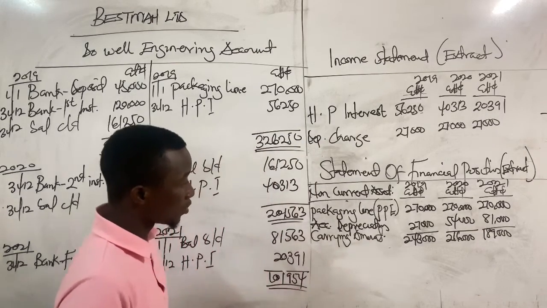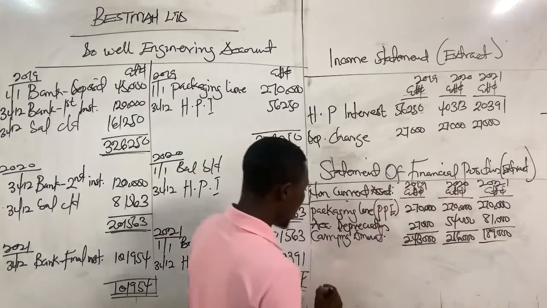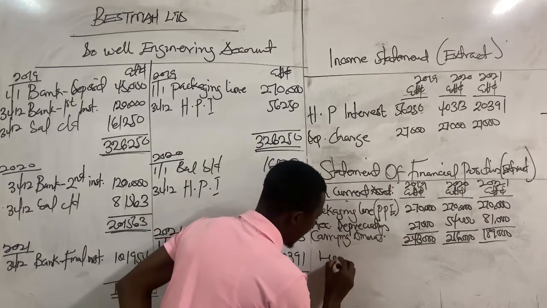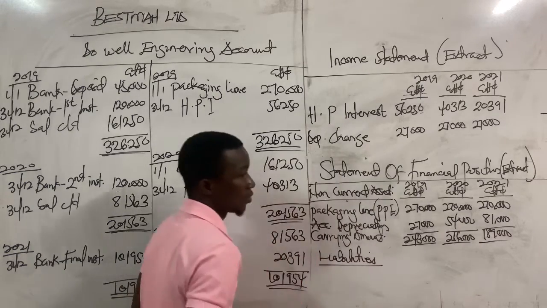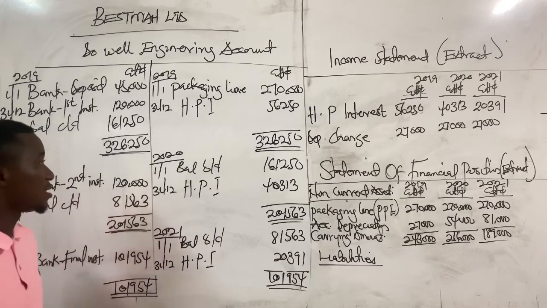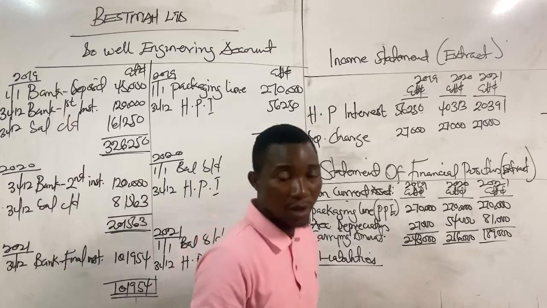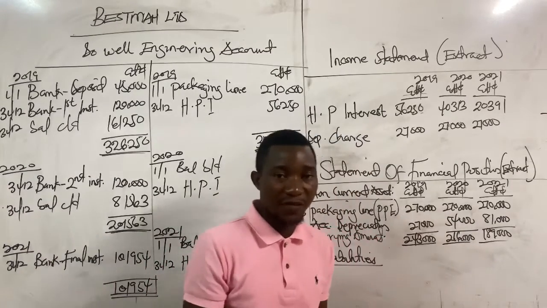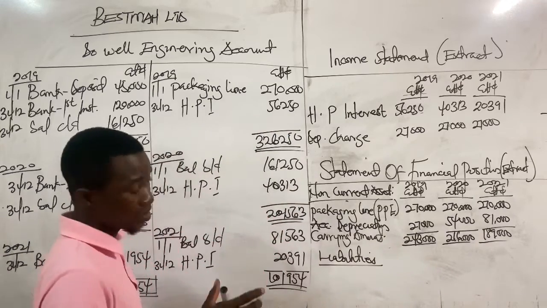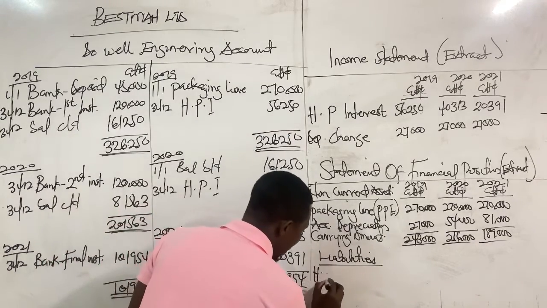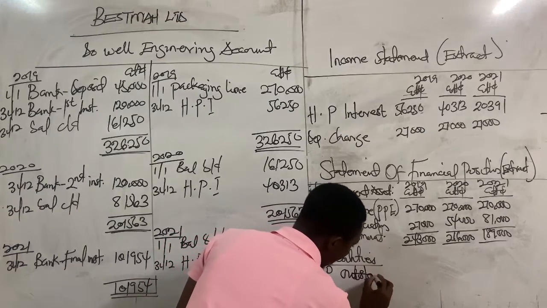Very good. So now after looking at the carrying amount, let's consider the liabilities. With the liabilities, you want to know how much is due, that has not yet been paid at the end of every year. So we have hire purchase outstanding, the HP outstanding or owing.